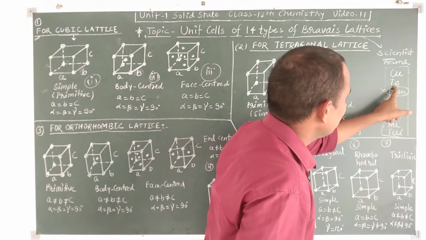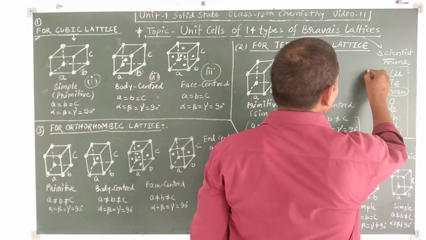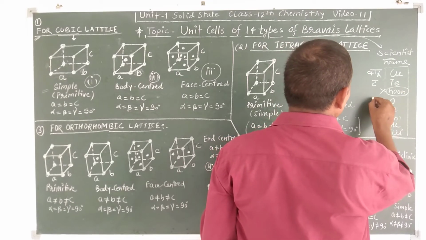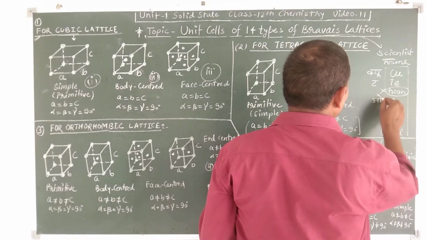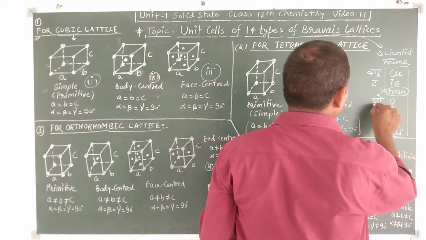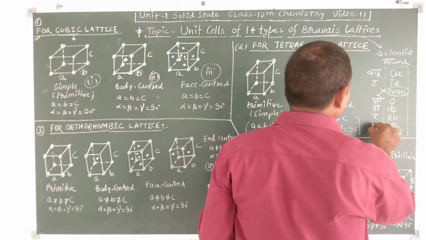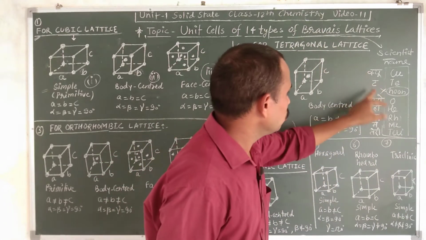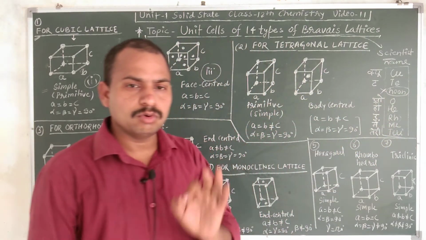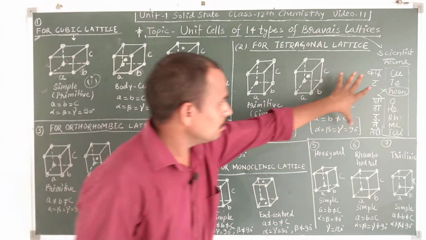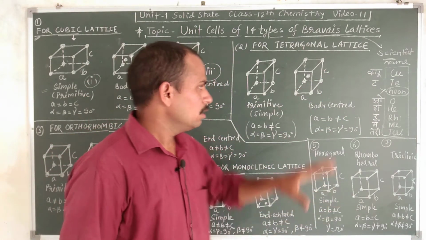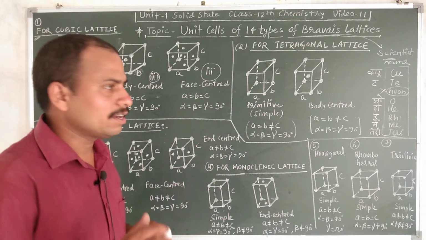Second is Cute, Whom, O, He, Me, Teri. Cute Whom O He Me Teri. So this is the easiest way to understand and remember these seven types of crystal systems.